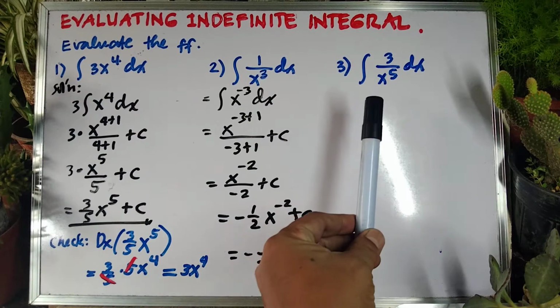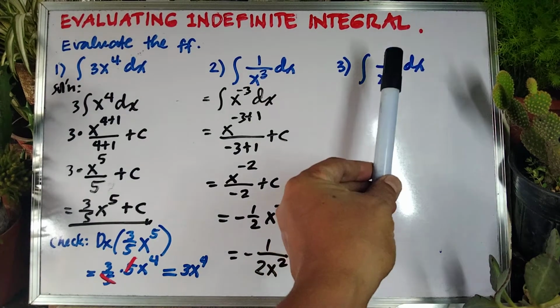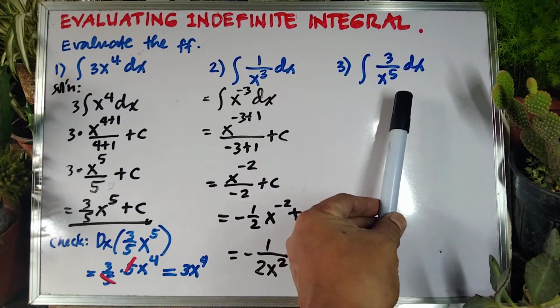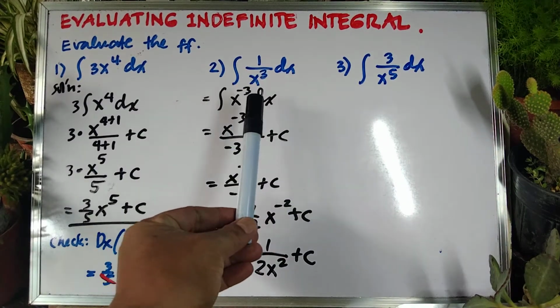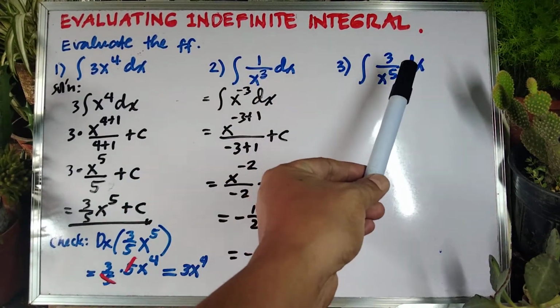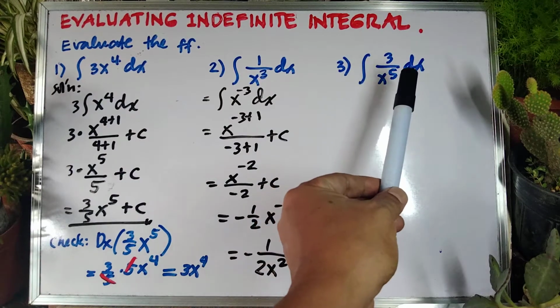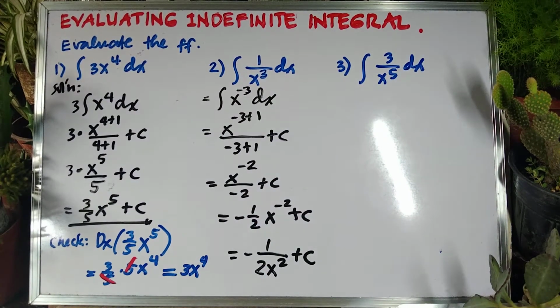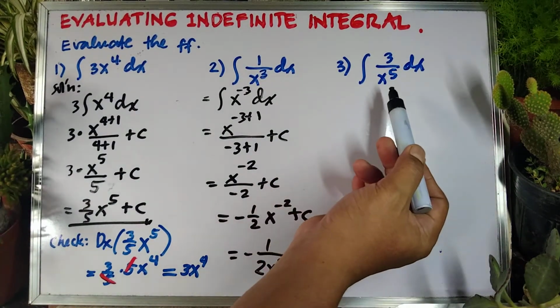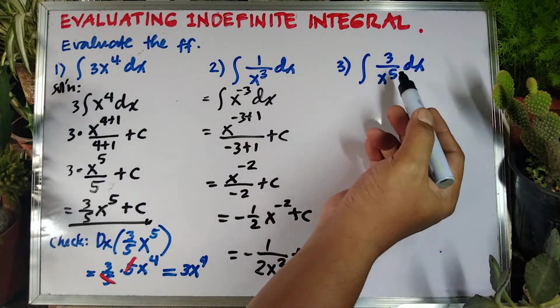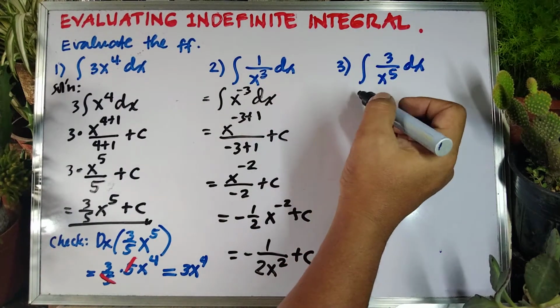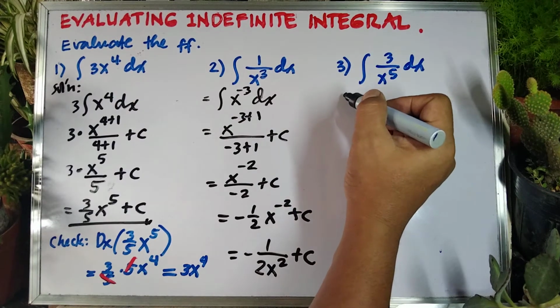So, here we have the indefinite integral of 3 over x to the power of 5 dx. Dito sa number 2, 1 lang yan. What if may number greater than 1? So, we have 3 here. What we're going to do, again, we will write this to its equivalent form. Ilalabas lang natin si 3, we'll just remove out 3.